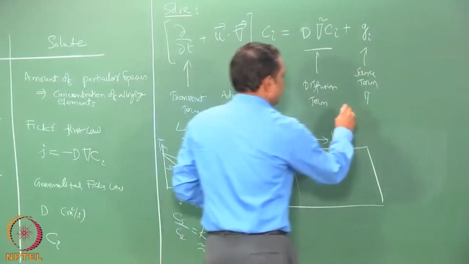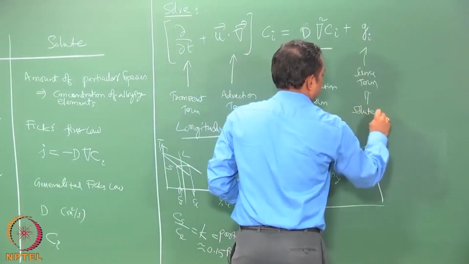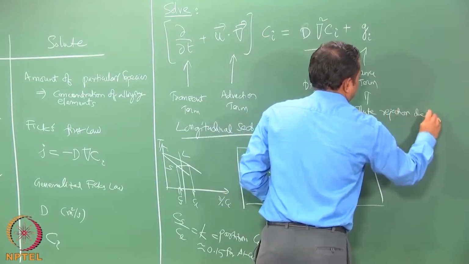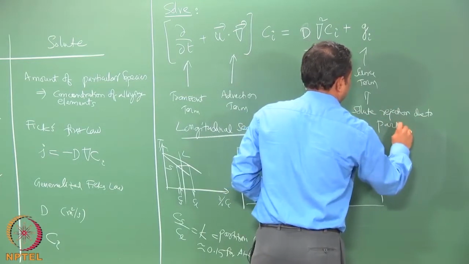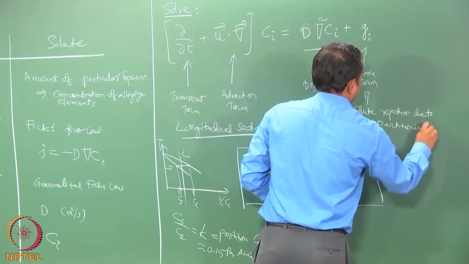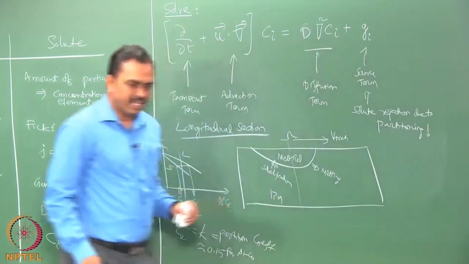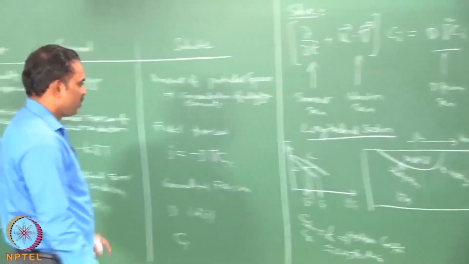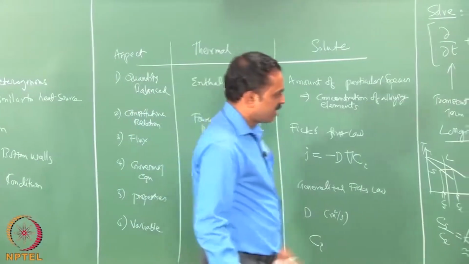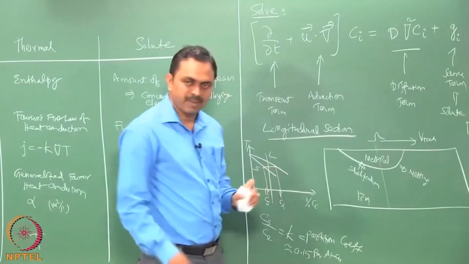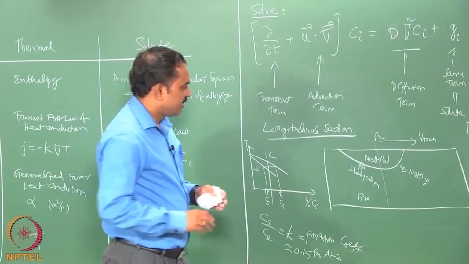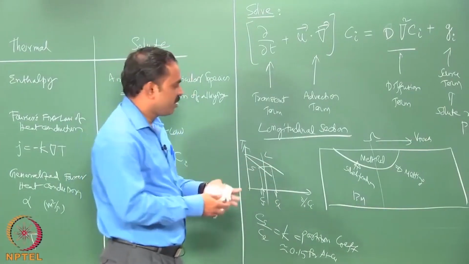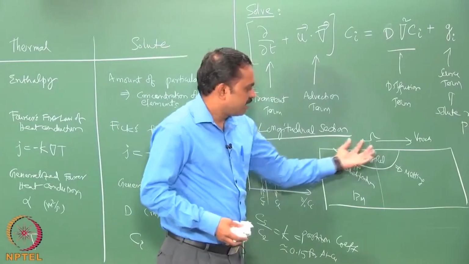So, one possibility is the solute rejection due to partitioning, and there are reasons why we normally can ignore that, because we have noticed that the scale at which the partitioning is happening is so small that it could be absorbed within the variations of the microstructure that is possible in the solid as it is growing.